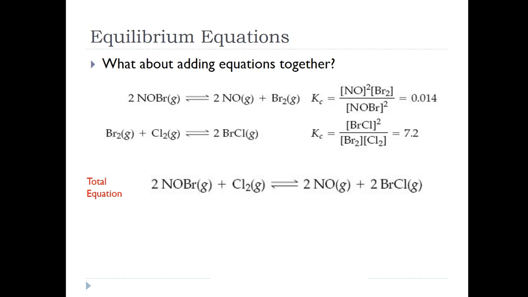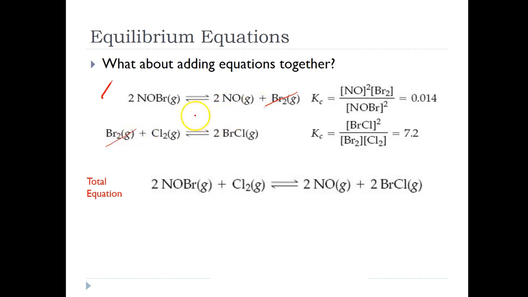So instead, we've got 2 equilibrium reactions above, this one and this one. I'm going to try to manipulate these. If we try to add these two together, wouldn't the Br2 be canceled?